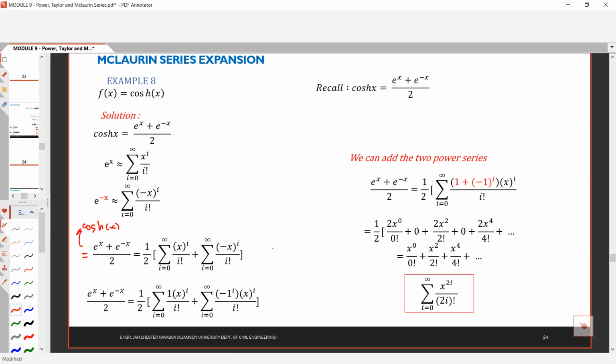Kinonvert mo lang siya into Euler's number. So that is equal to 1/2 summation of the power series of e raised to x, that is x raised to i over i factorial, and the power series of e raised to negative x, that is negative x raised to i over i factorial.